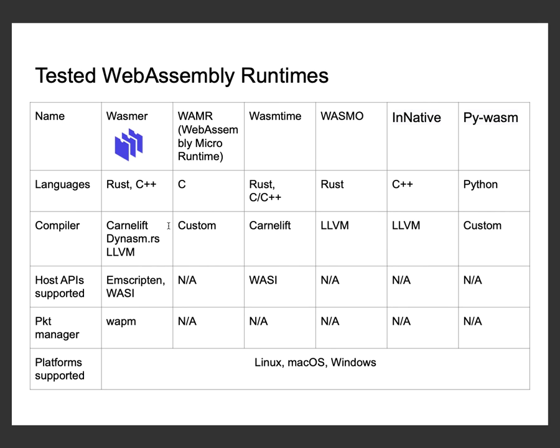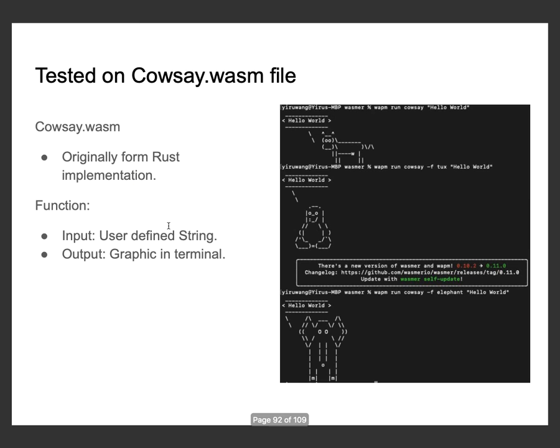It uses Rust, C++, and an excellent compiler, and it even has a package manager by itself called WAPM. So we tested all of those runtimes on three platforms. Some were successes, some were failures, and I will explain those later.